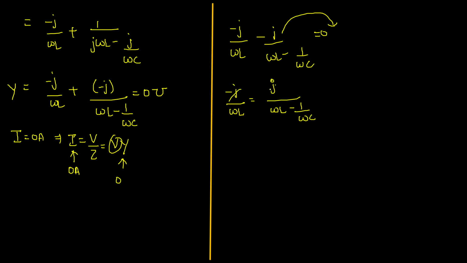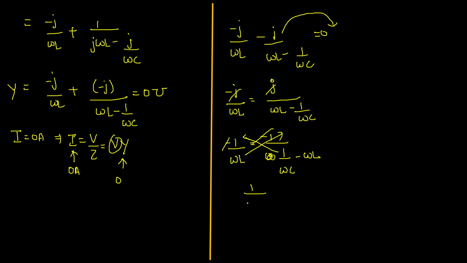So J will be cancelling out. So can I write like this: 1 by omega L minus 1 by omega L. In the denominator, take minus outside. If we take minus outside, it will become minus of omega, 1 upon omega C minus omega L. So this minus minus will be cancelling out. So anyway, if I equate LHS and RHS, I am passing this one to the left side and this one to the right side.